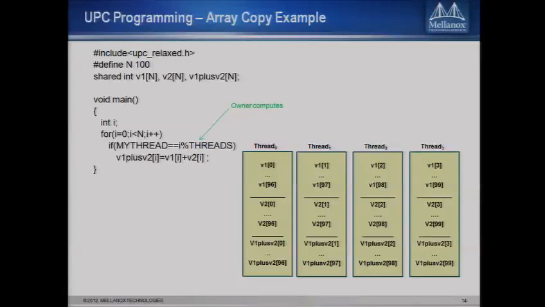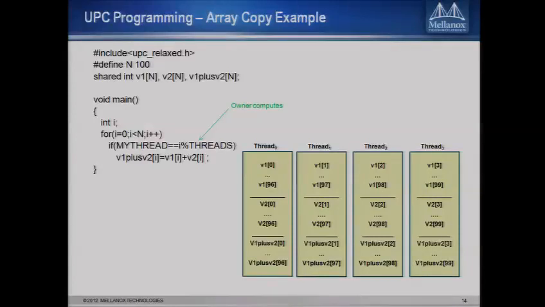With UPC, I can lay this array out across these 4 different threads. I do that by declaring it up here as shared. And then I lay it out 0, 1, 2, 3, etc., all the way wrapped around. And I do that for V1, V2, and V3. So now you can see how this memory is laid out for this array.